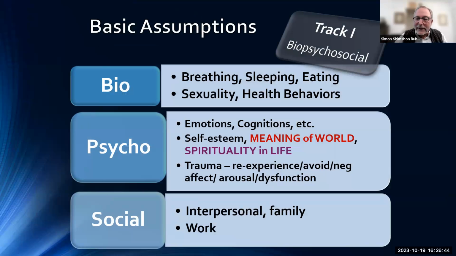We try to get a basic idea of how they're doing in the biological area, the psychological area, their emotions, their cognitions, anxiety, depression, what their self-esteem is like, their meaning construction in the world, their spirituality and religion, and specifically for trauma, the re-experiencing, the avoidance, the negative affect, the arousal and dysfunction, which we look at both from a psychological point of view and in what they describe to us in their cognitions and emotions, and of course in the biologic.